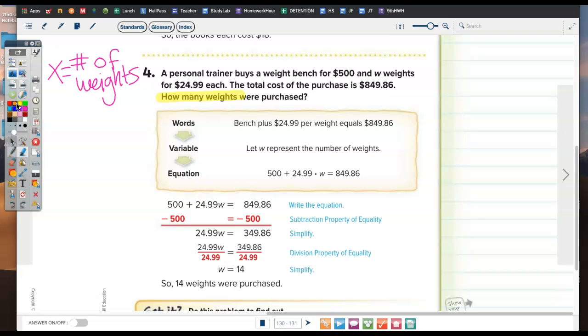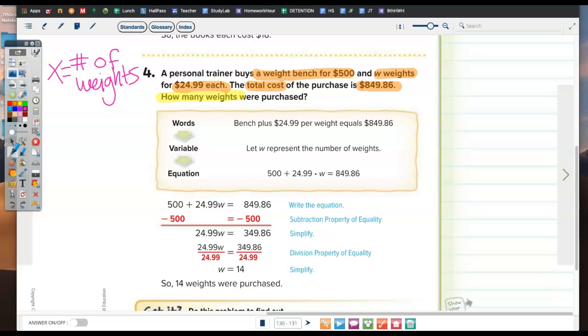Addie, what else do we need to know? A weight bench. So how many weight benches are you buying, Addie? One. Just one. And W weights, we don't know how many, but they each cost what? $24.99. Okay? What else do we know? Total cost of purchase. The total cost is $849.86.